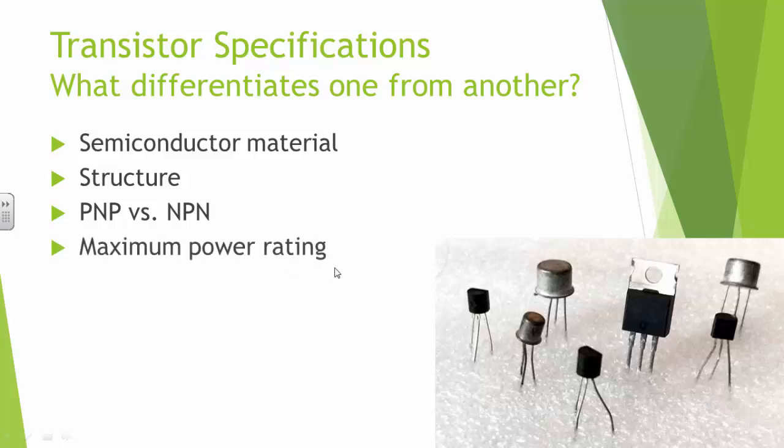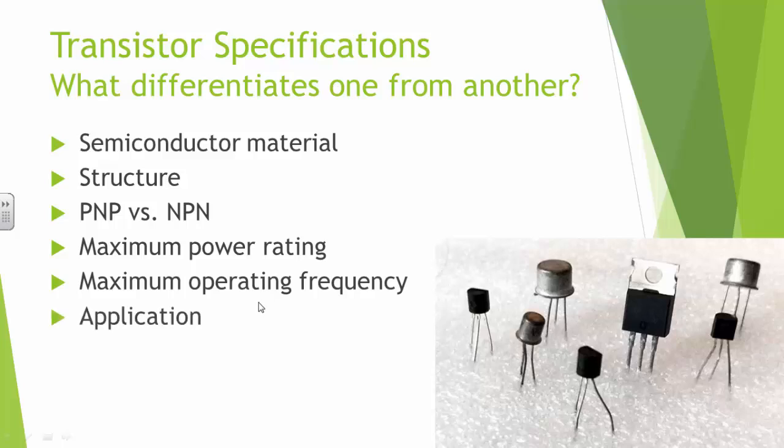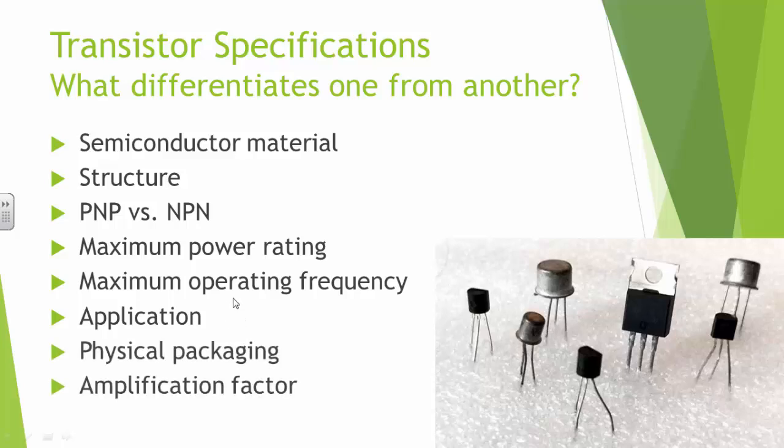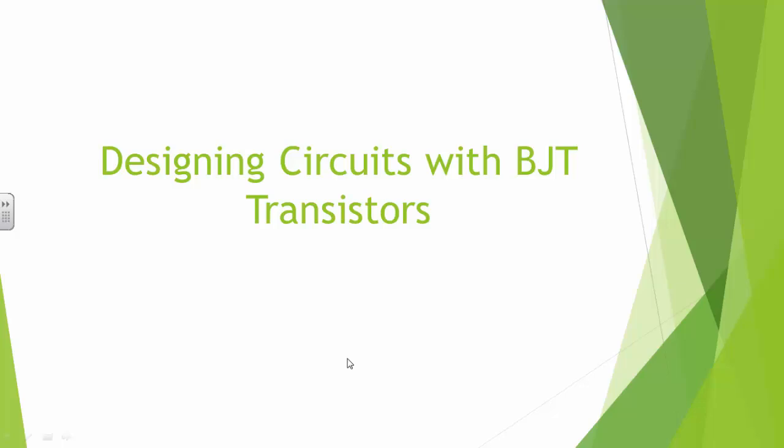You can have its maximum power rating, its operating frequency. All these different things apply. Also an amplification factor that we'll investigate at a later point. So we choose our transistors based on all those different characteristics.